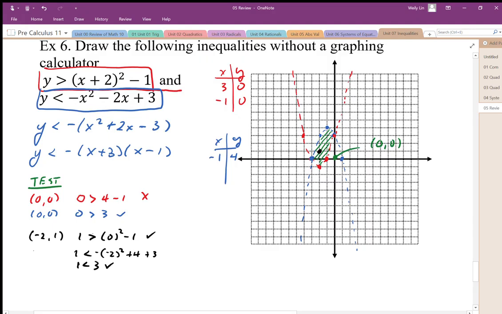It works for that one as well. So it works in both. Maybe I should show the test. This test was for the red equation, and this test was for the blue equation, and it works for both. It's a check for both. That means that the coordinate -2, +1 is in the right region for our solution to both inequalities.